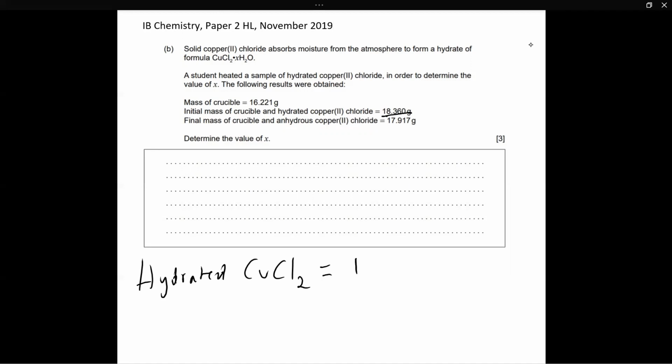So it's 18.360 minus 16.221. And that gives us an answer of 2.139 grams. So this is how many grams of hydrated copper 2 chloride that we have.